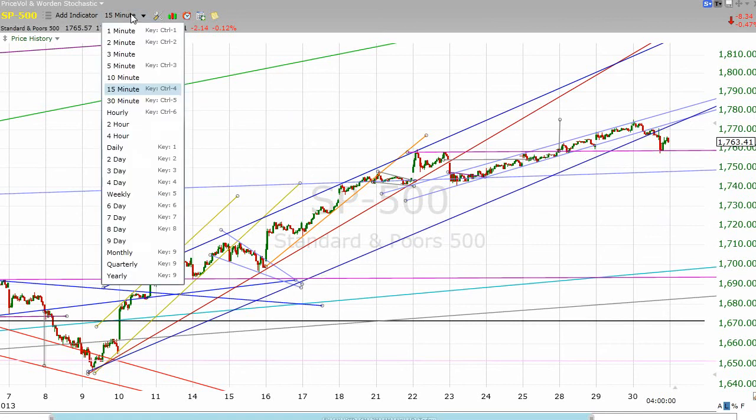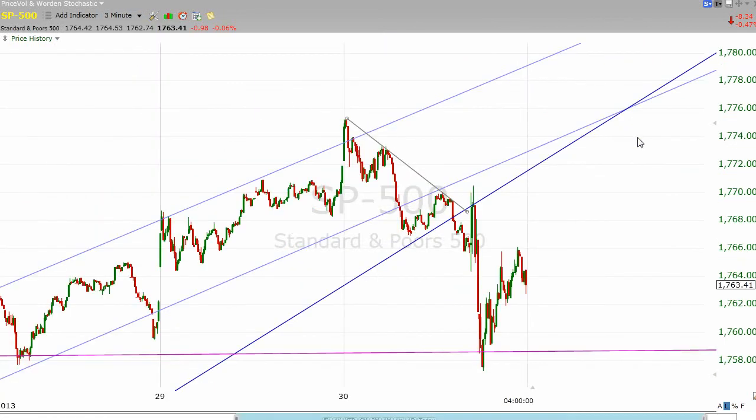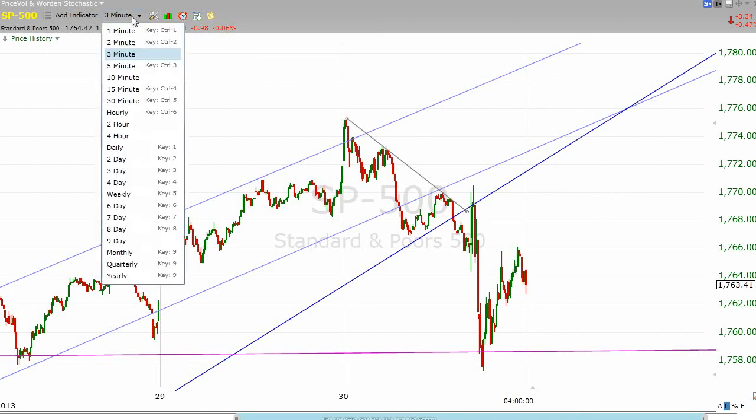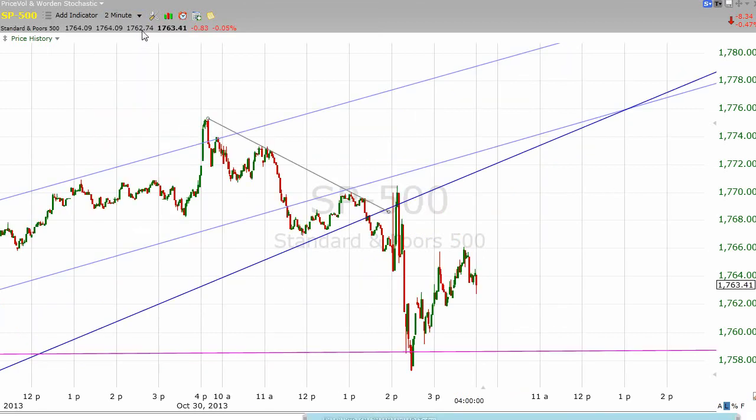Now, let's move in on a 3-minute chart and see if we can discover anything that might help us with regards to a short-term change of direction. Let's even do a 2-minute. One thing I want to show you is we came down pretty hard, then started to rally up in a series of little waves, and often, as you know, we end up forming a bear flag.